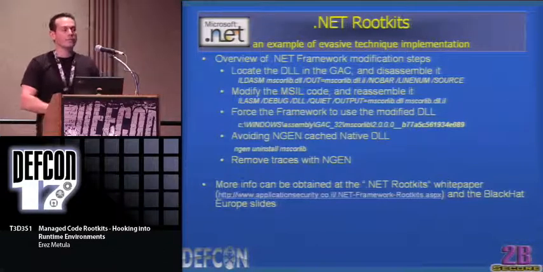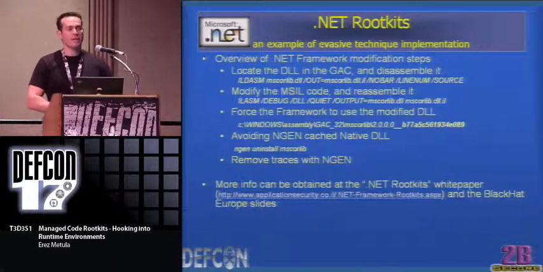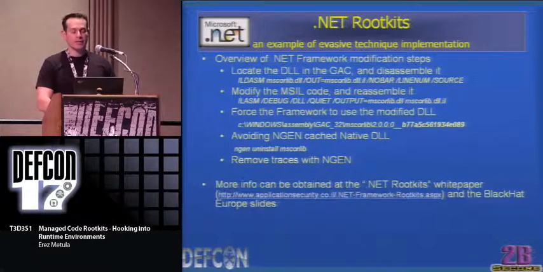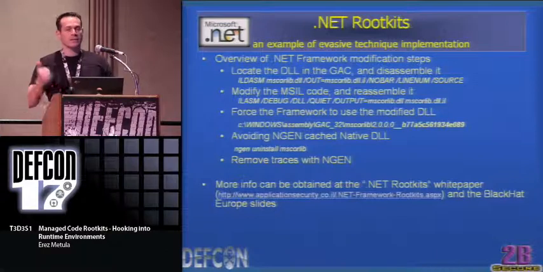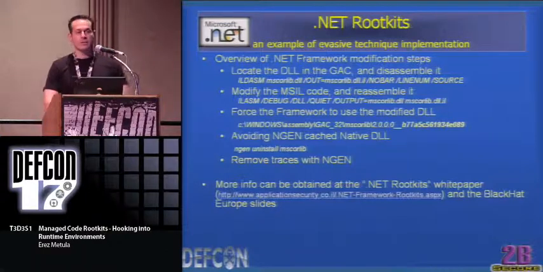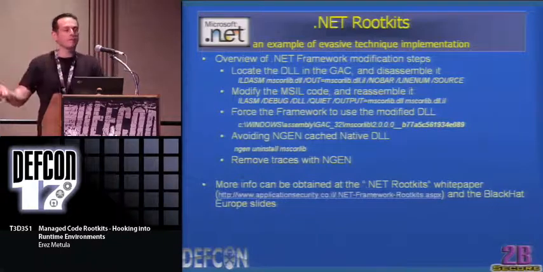It turns out that if you take the DLL and put it back in its location in this directory, which contains the signature of the real one, the runtime looks at the signature and says, hey, I need to load the DLL containing this signature, and just loads it from there. So no signatures are checked.